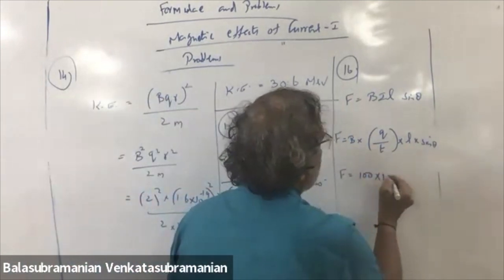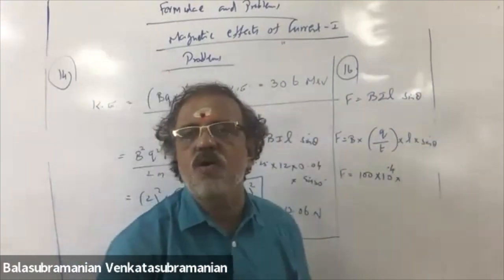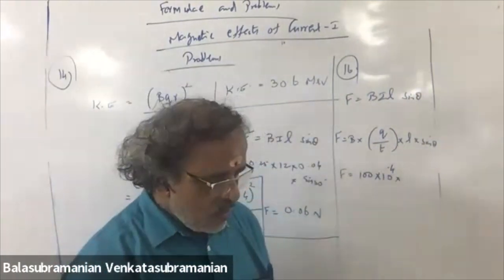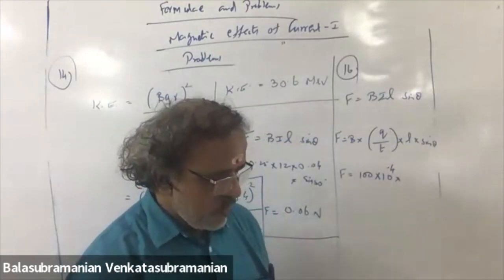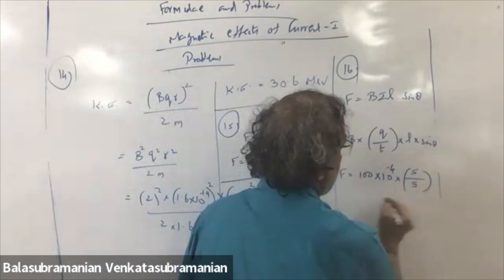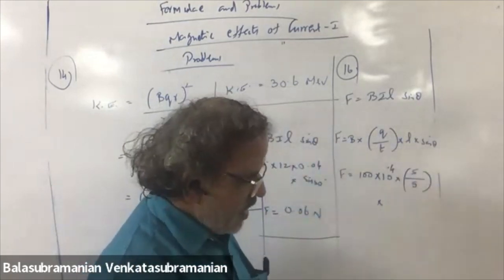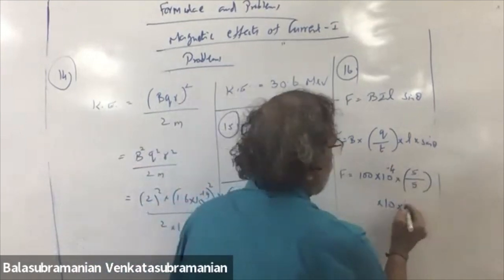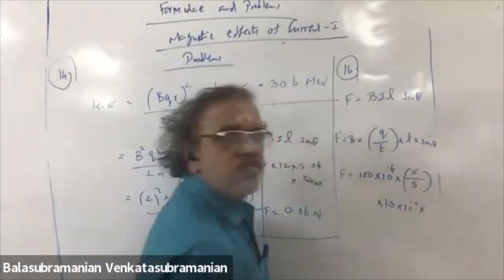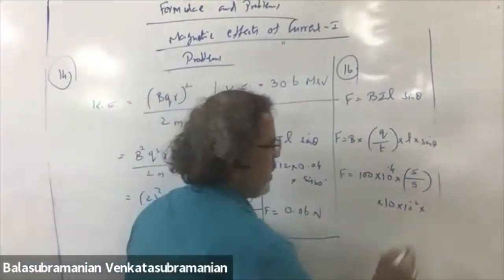100 into, you have to convert into Tesla, so multiply by 10 power minus 4, into charge 5 coulomb in 5 seconds. So 5 by 5, 1 ampere current. Length is given as 10 centimeter, 10 into 10 power minus 2, into maximum sin 90.